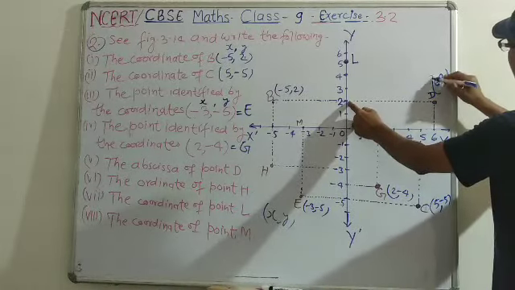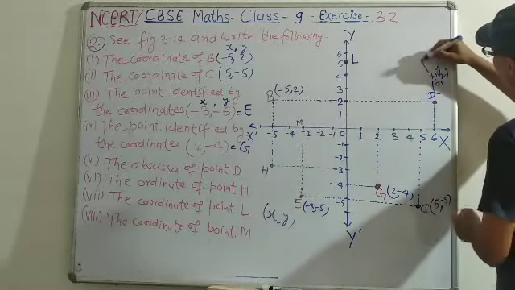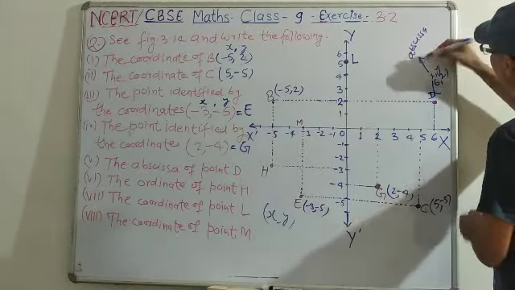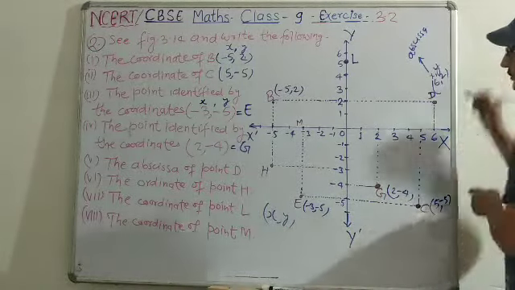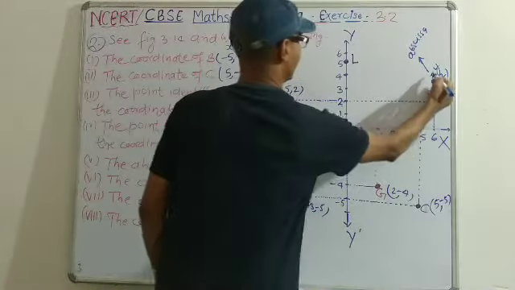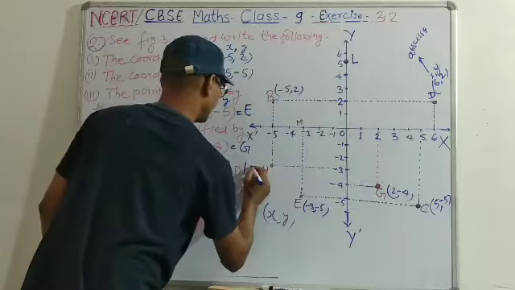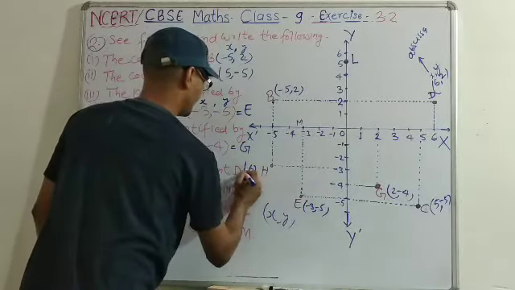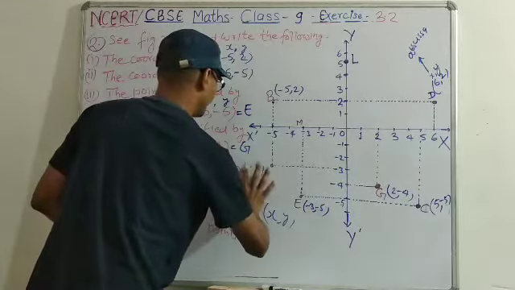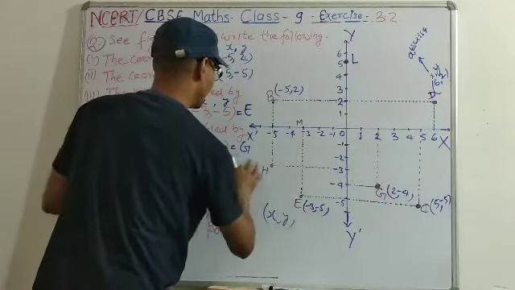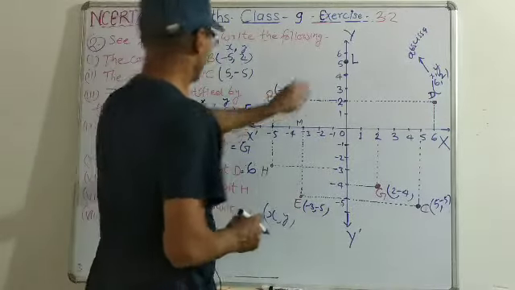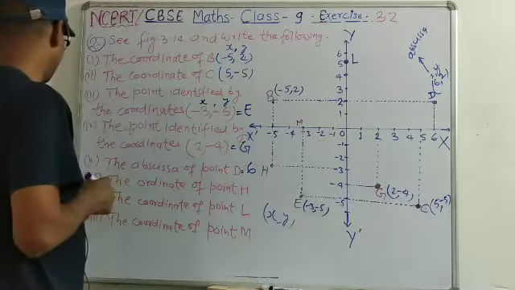So first is x, second is y, and its name is abscissa, and its name is ordinate. So it is asking here the abscissa of the point D, that means 6. We will not make here bracket because only one single point is this abscissa 6, because first is named abscissa, second is named ordinate.